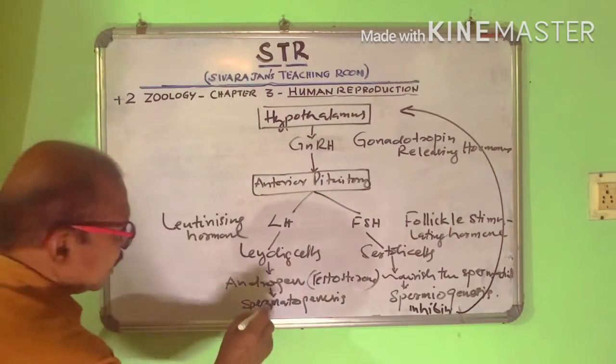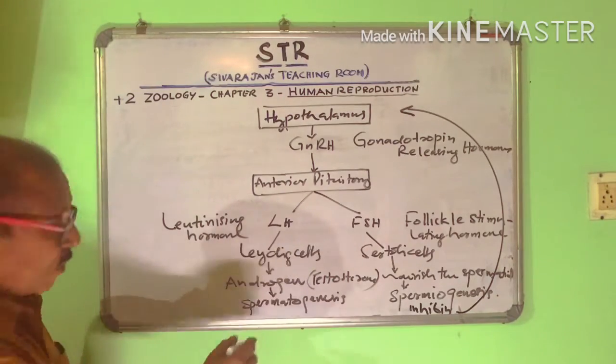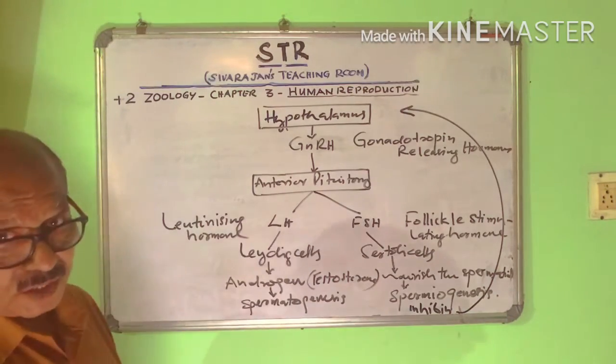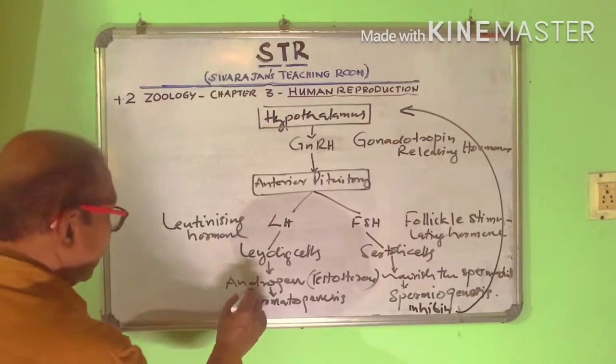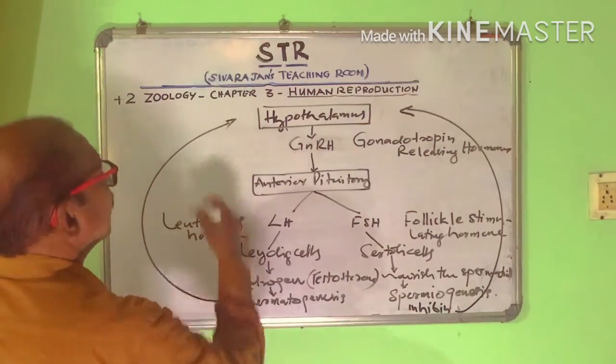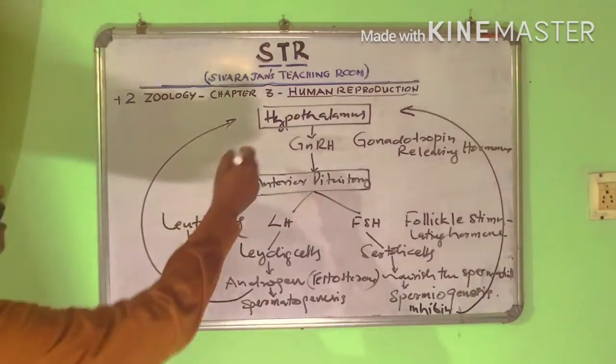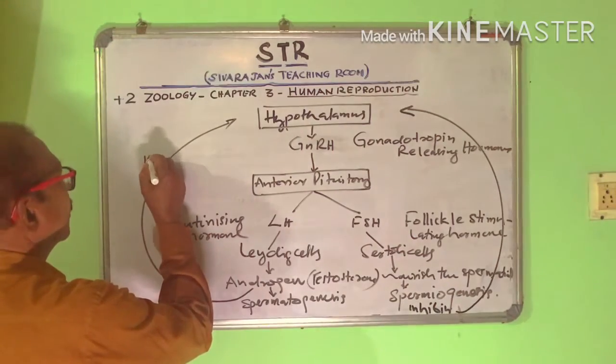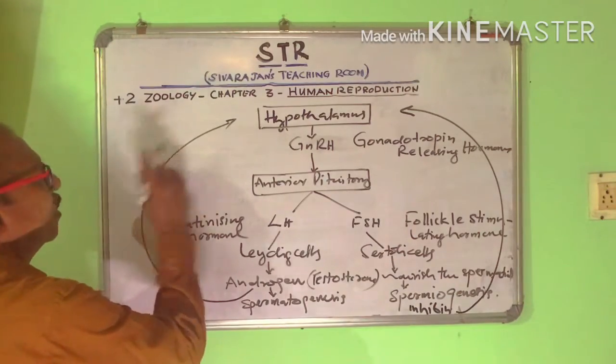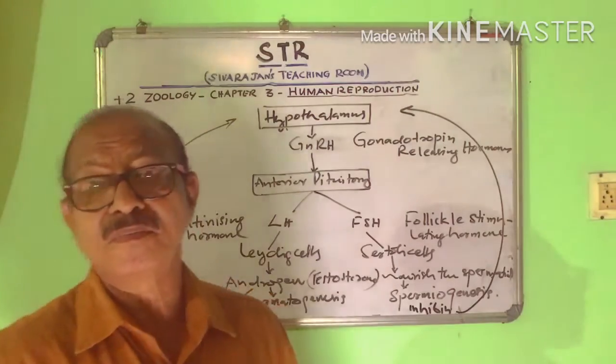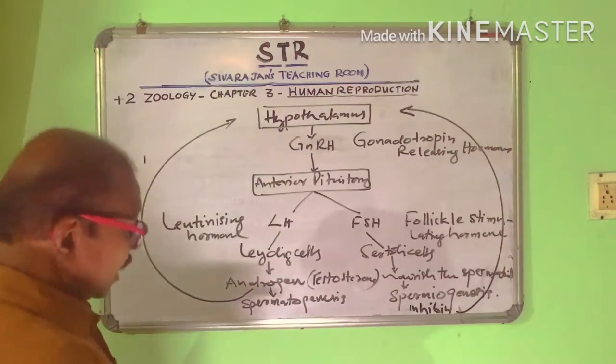Like that, when the androgens or the testosterone are at a high level, it prevents the production of GnRH by the hypothalamus.